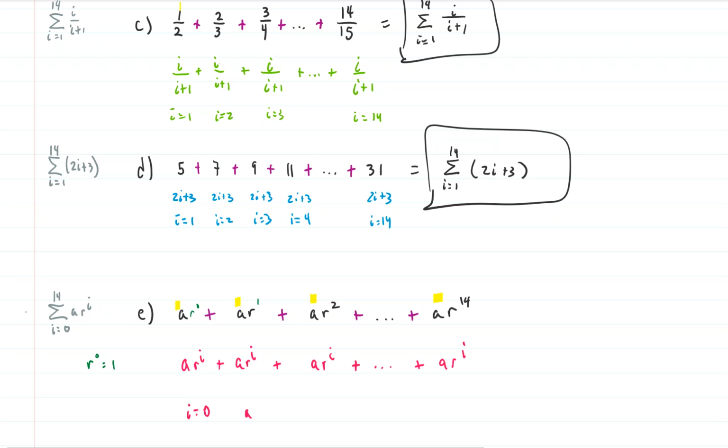In our next step, I equals 1, which would just give us r. And next step, I equals 2, which is r squared. And up here we'd have I equals 14. And that would totally do it. So we have the sum from I equals 0 to 14 of A R to the I.